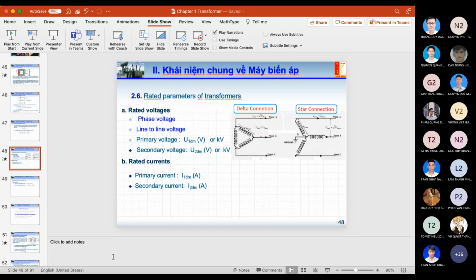And for the step down transformer, normally the high voltage winding is connected in delta connection, and of course the low voltage winding is connected in star connection. So why is the transformer connected like that?